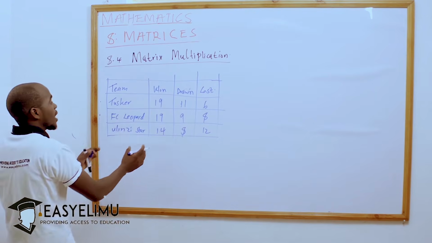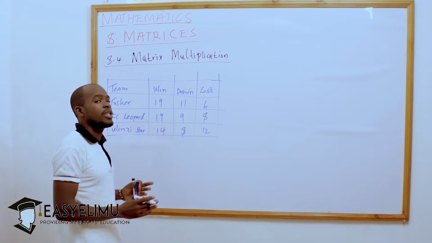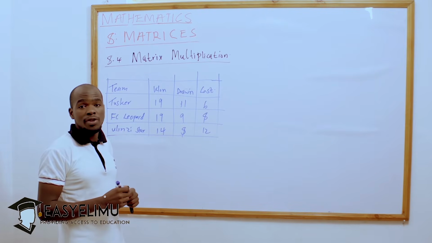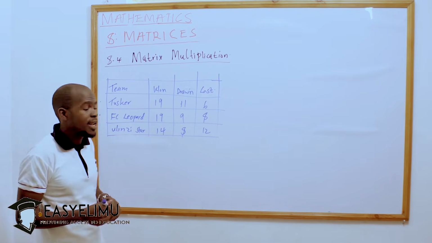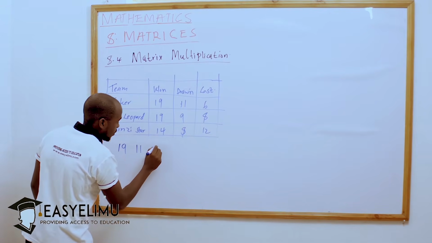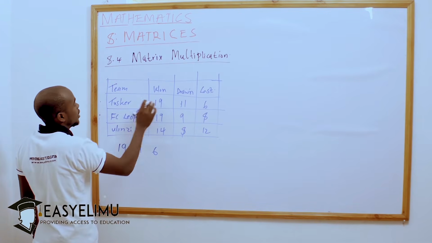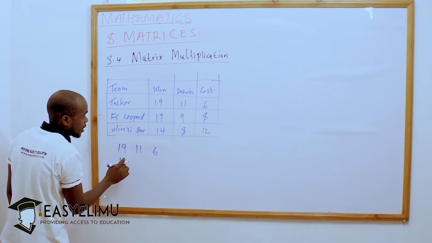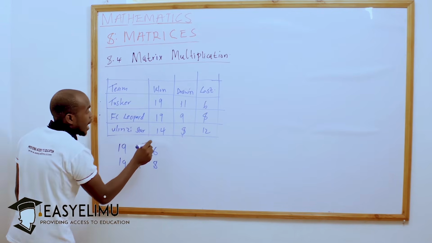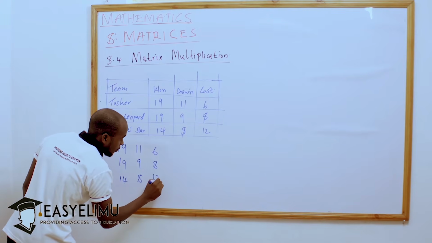For example, we can write this information we have seen earlier. Having understood it, we can now write it as a matrix, because we have understood the headings and can omit them. So we can have 19, 11, 6, and here the first row is for Tusker, so what I'm writing is 19, 11, 6, then 9, 8, 9, and then the other one is 14, 8, 12.